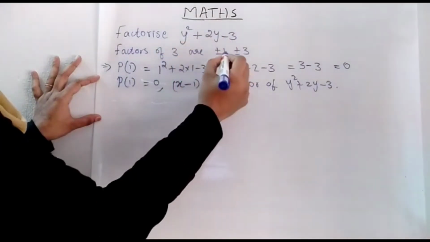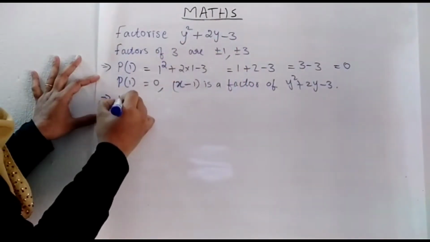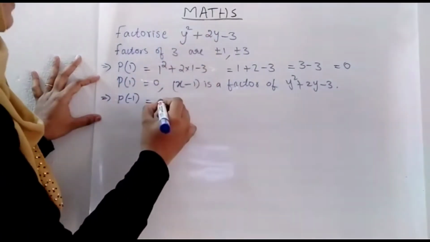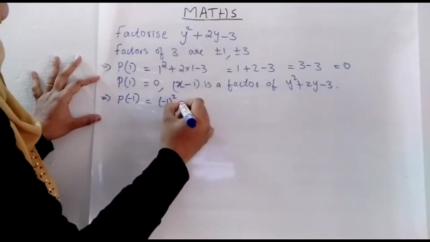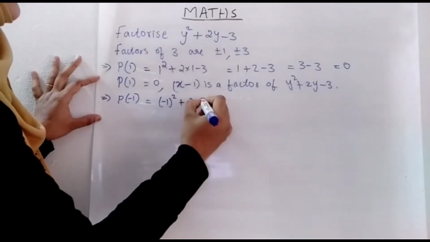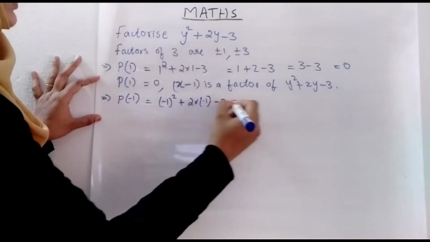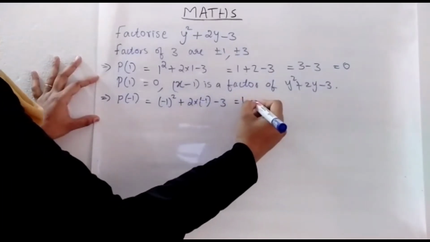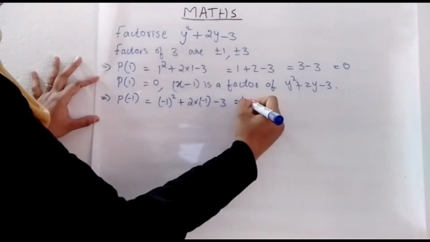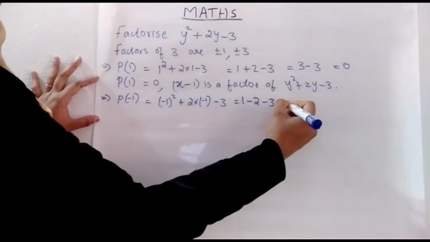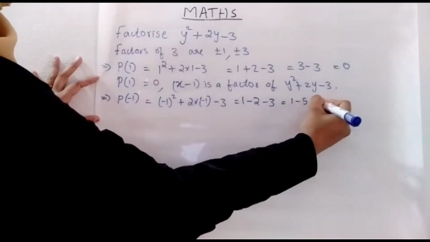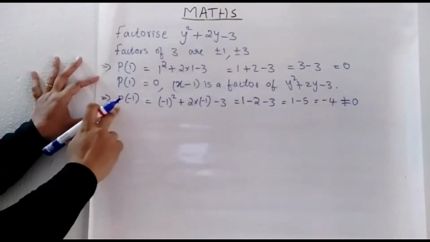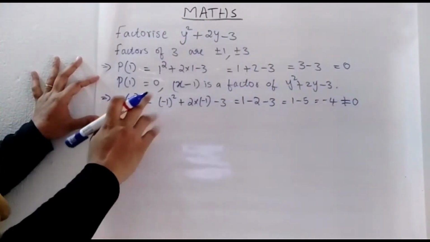This is the first case. Next let's check P of minus 1. Minus 1 square plus 2 into minus 1 minus 3, which is equal to 1 minus 2 minus 3. This is 1 minus 5, or minus 4, which is not equal to 0. So y plus 1 is not a factor.